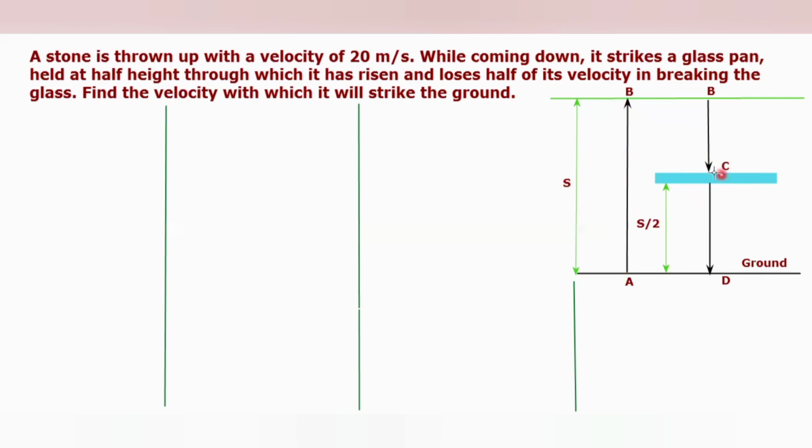Due to the breaking of the glass window, it loses velocity. That means it loses half of its velocity while breaking the glass window.